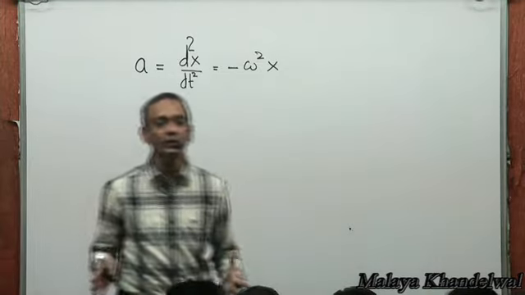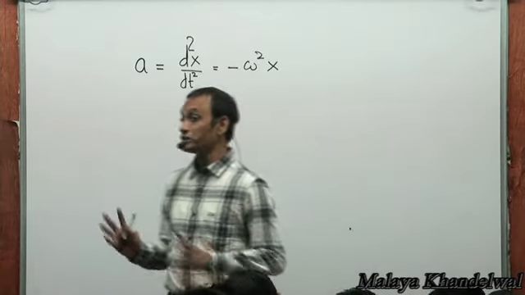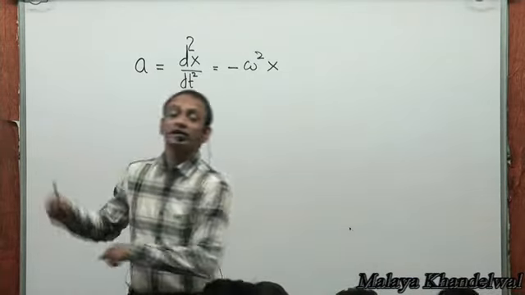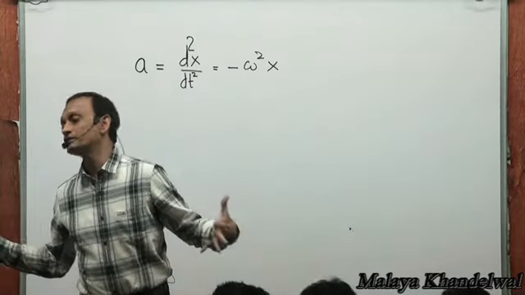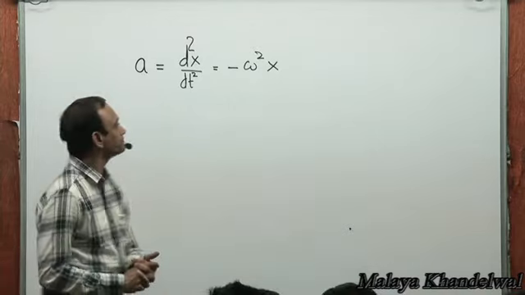Omega was the angular frequency, time period was 2 pi by omega, and so on and so forth, right? The amplitude was independent of that. It depended on how much total energy the particle had.